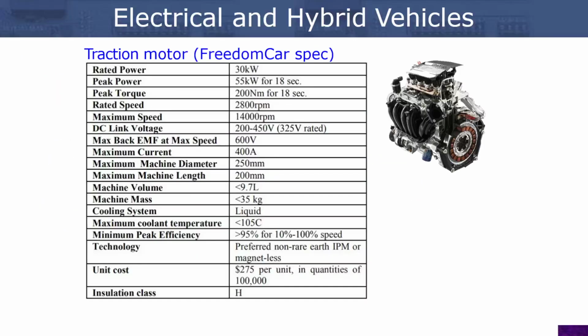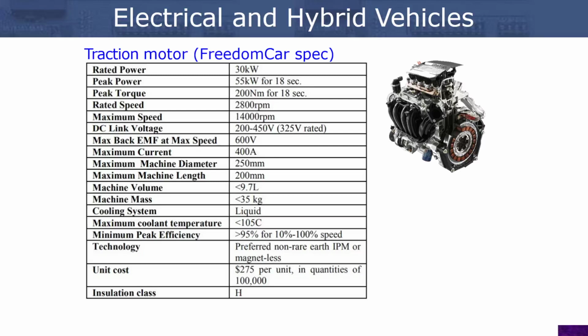The rated power is 30 kilowatt. Just to give you some idea of the electric drive for electrical and hybrid vehicles, the rated power can go up to 30 kilowatt. The peak power is 55 kilowatt for 18 seconds. The peak torque is 200 Newton meter for 18 seconds. The rated speed is 2,800 rpm, and the maximum speed is again 14,000 rpm.